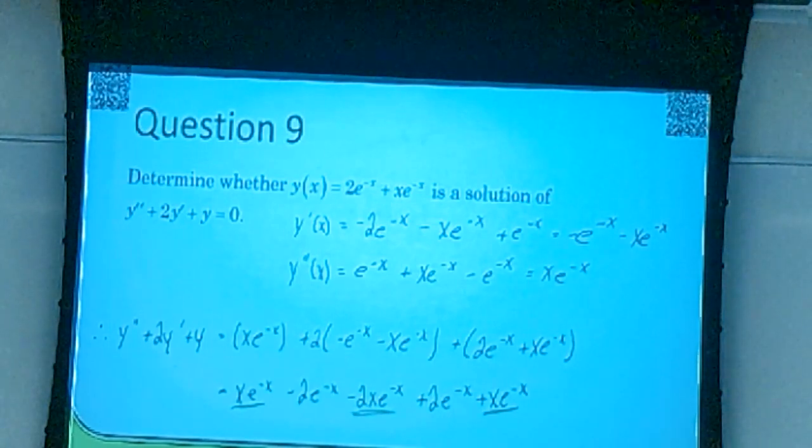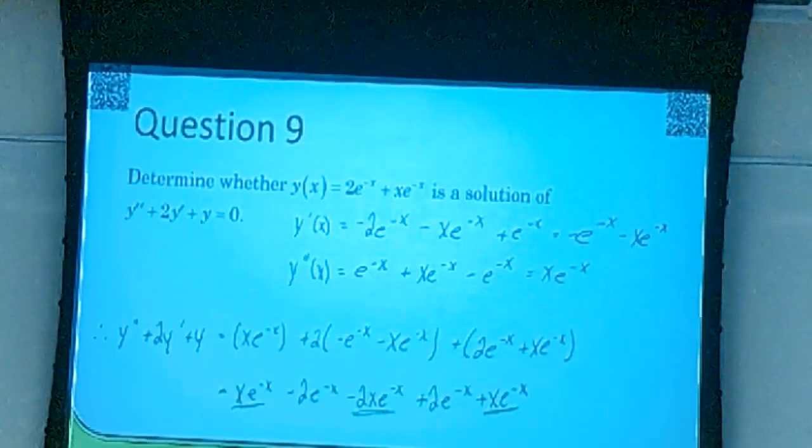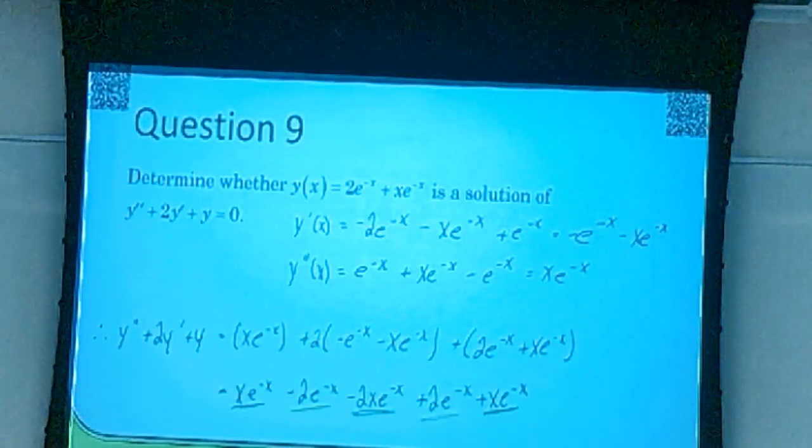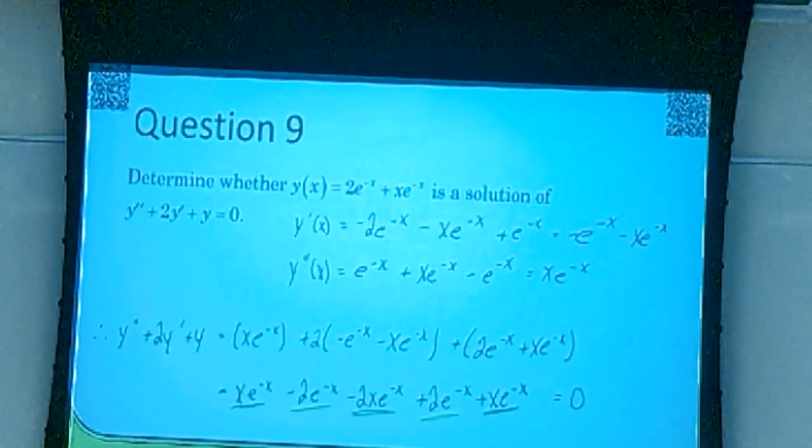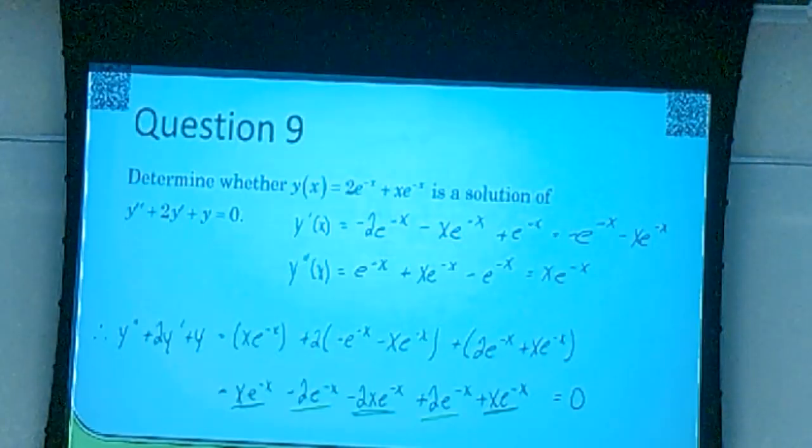Those are all like terms, right? They will sum out to 0. That also sums out to 0. Equals 0, which is what we wanted it to be. So that is a solution.